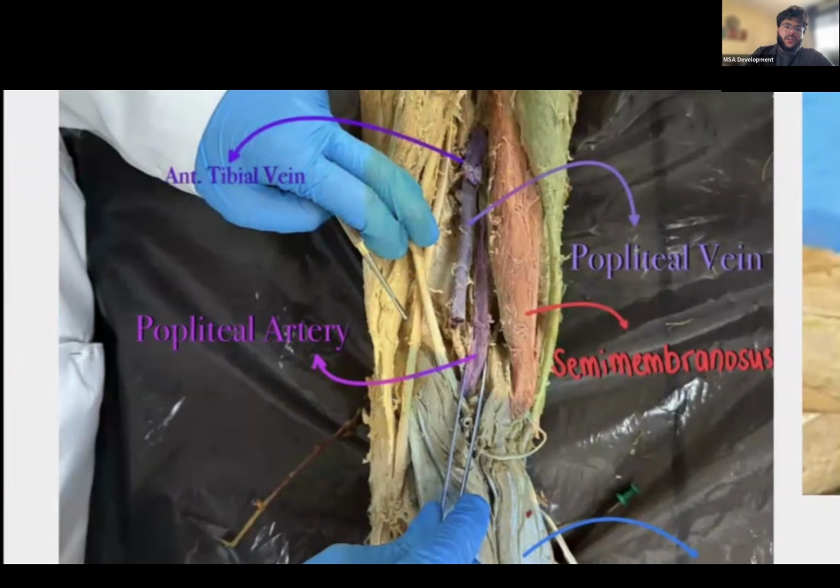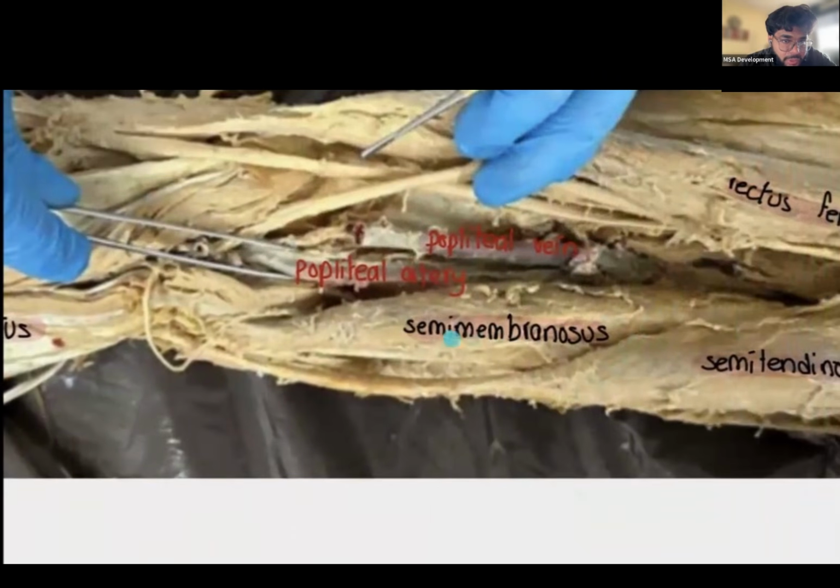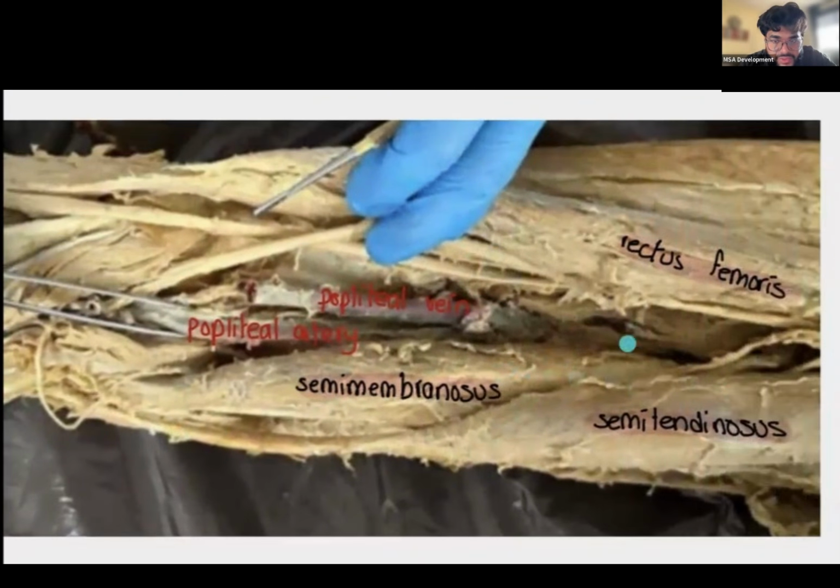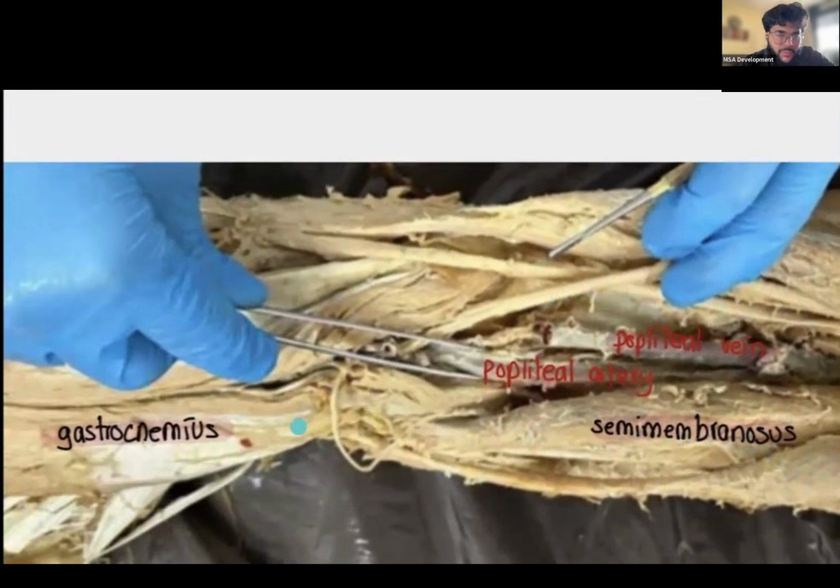You can see the semimembranosus and semitendinosus, mainly the semimembranosus in my opinion, that makes the popliteal fossa, and then you can see the popliteal artery right here, semitendinosus right above there, then the semimembranosus. Superior laterally, you have the biceps femoris muscle. Remember that. Inferiorly, you have the gastrocnemius, both the medial and lateral head. The medial is for the medial side of the popliteal fossa, and the lateral is for the lateral side. That's all you need to know.